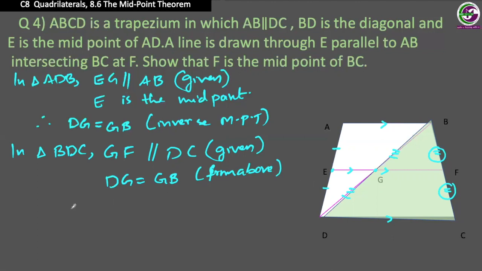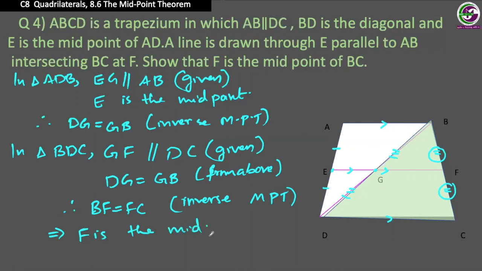So again, by inverse midpoint theorem, we can see that therefore BF is equal to FC. That was to be shown. That means F is the midpoint of the side BC.